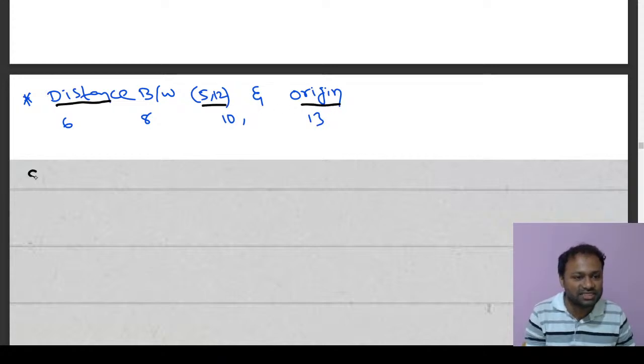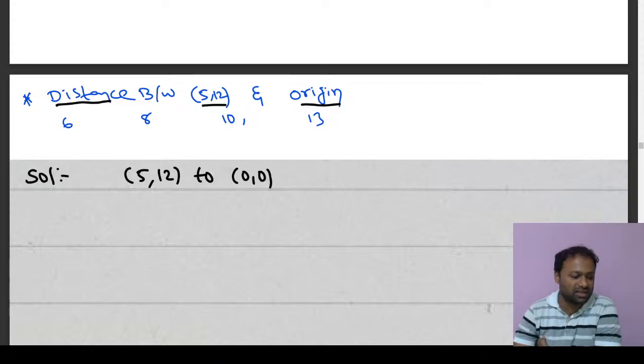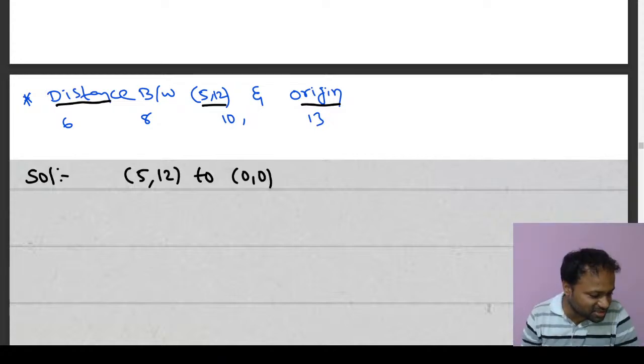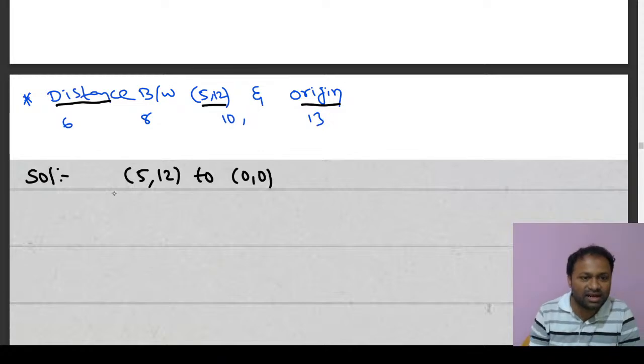I think it is easy to do. Solution: distance from origin, ordered pair 5 comma 12 to origin, which is 0 comma 0. Just now we have written the formula. What will be the answer? Anybody can try.